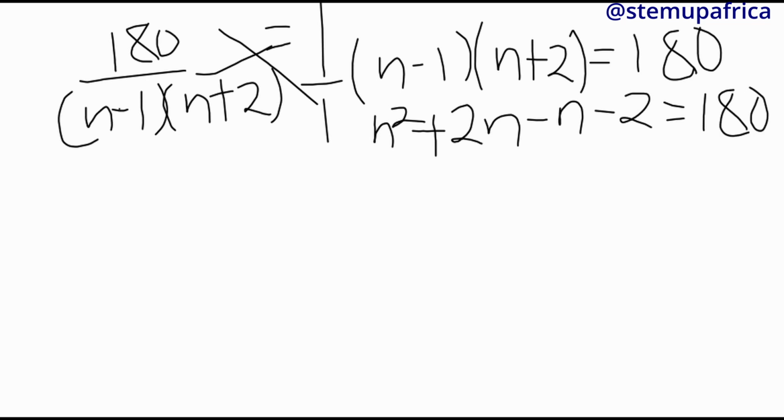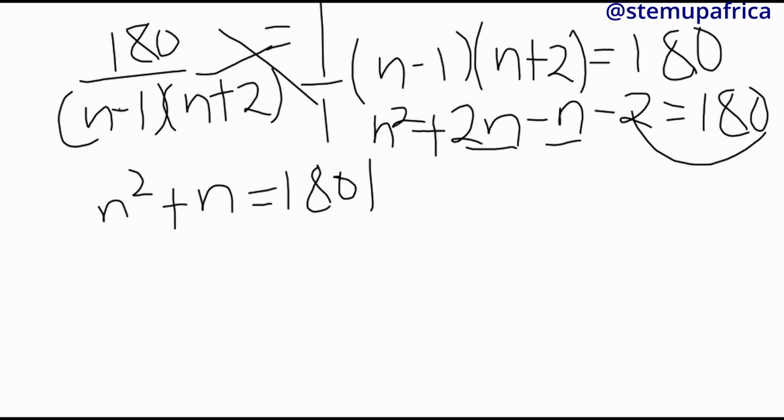Let's add those we can add, then collect like terms by bringing 2 to this side. I'll be left with n squared plus n is equal to 180 plus 2, that will give us 182.